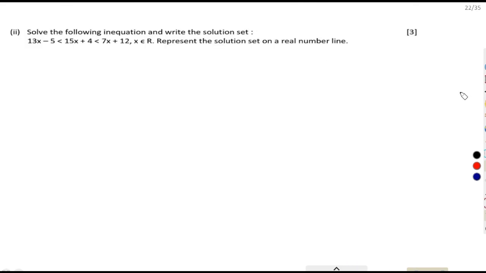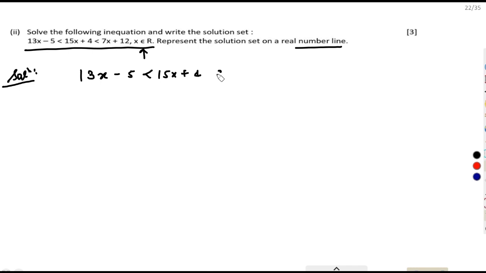Second part, linear inequation is given. It is a combination of 2 inequations and we have to solve this and represent the solution set on real number line. X belongs to R. First linear inequation 13x minus 15x plus 4 and second is 15x plus 4 less than 7x plus 12.